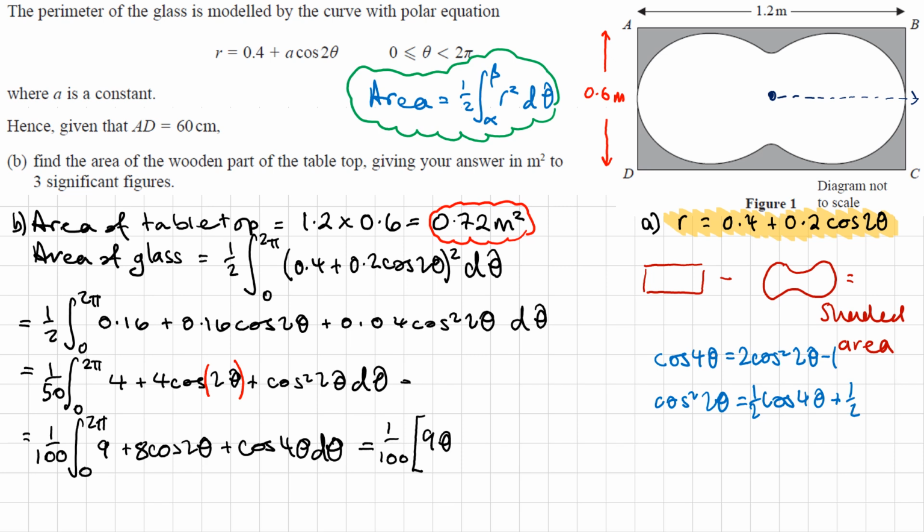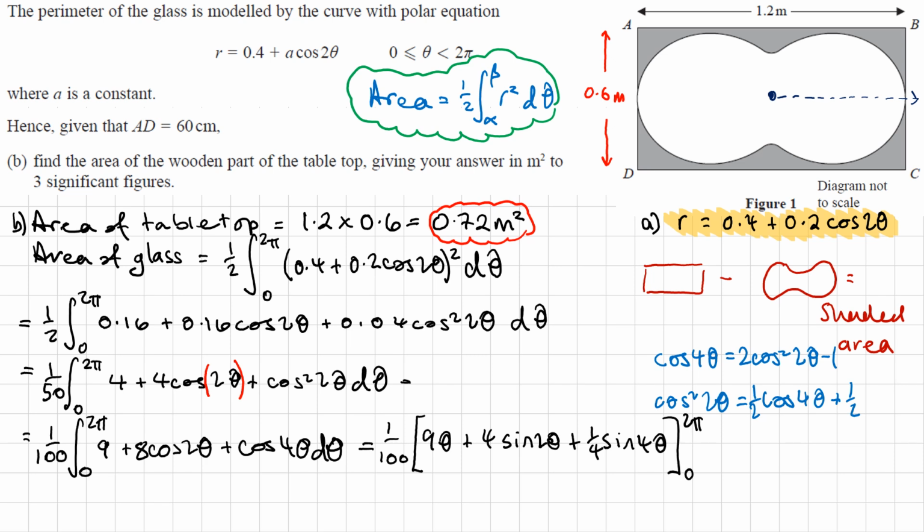So I will end up with 4 sine 2 theta. And then here, same thing again, cos will become sine, and then I divide by this differentiated, so I'm going to divide by 4. So that will be plus a quarter sine 4 theta. And my limits were 0 and 2 pi.